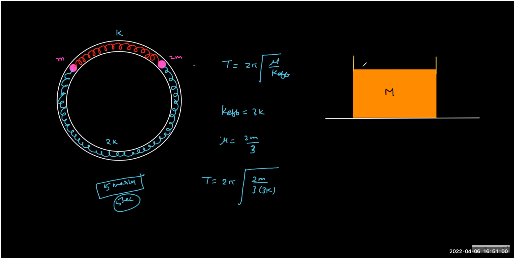And we have another block kept like this, which is attached to a support, and the support is attached to the bigger block, which is in turn kept on a frictionless surface. So if I displace the upper block slightly right or left, what will be the time period of oscillation?